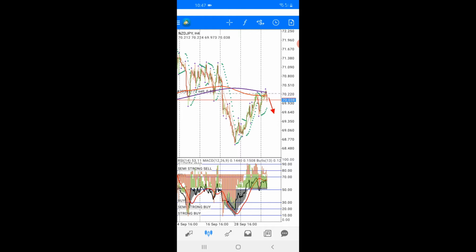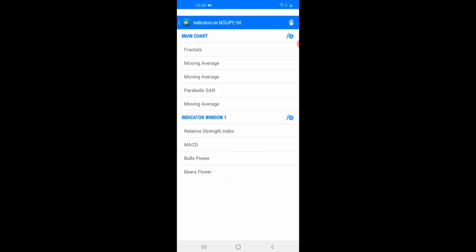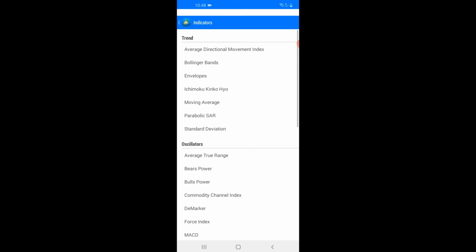So what you need to do here is go to the F key, then select, for instance, the plus from here and select moving averages. Because I've already selected, let me just open them and show you exactly what to set there.